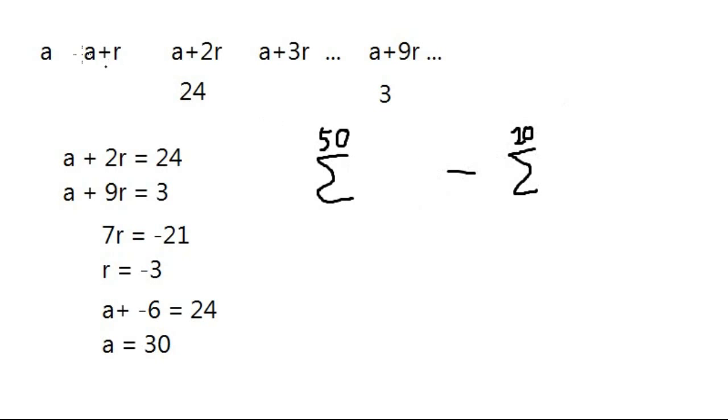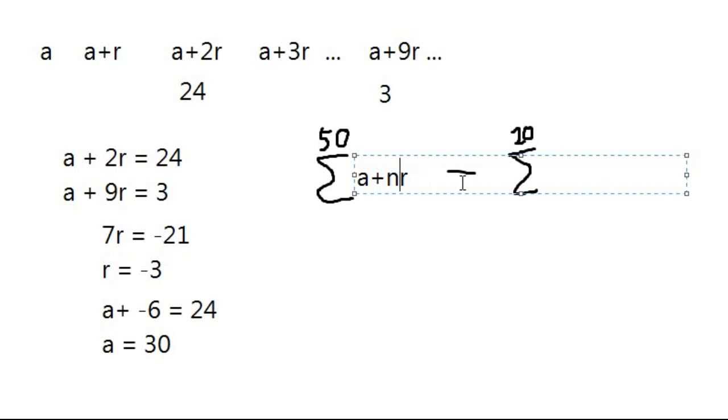And the equations are the same. It is a plus nr. The problem here is that if we use a plus nr in this equation, then we're going to get a plus r as our first term, but we want a as our first term.